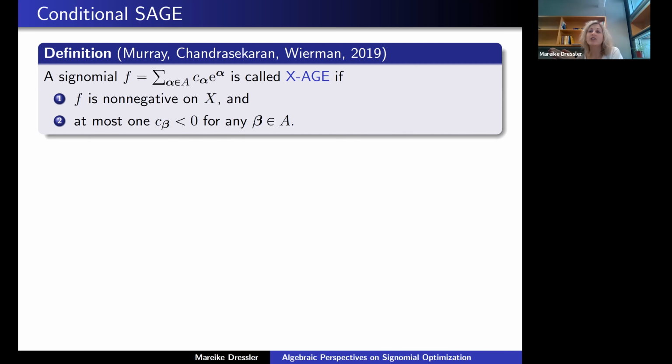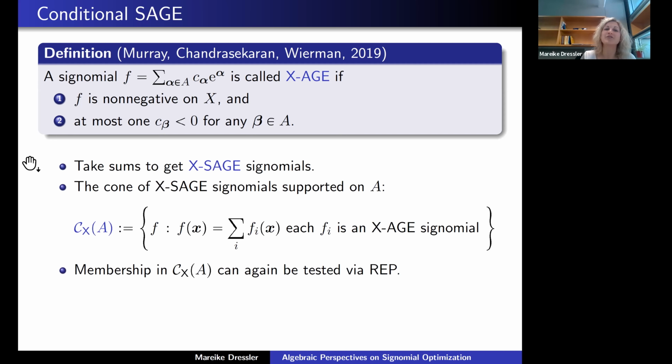A normal H was just globally non-negative, and such an XH is non-negative on the set X. It's fairly natural now that we can take sums of these XH functions as a condition to certify non-negativity on this set X with more than one negative term involved, and we call such a signomial X-SAGE.